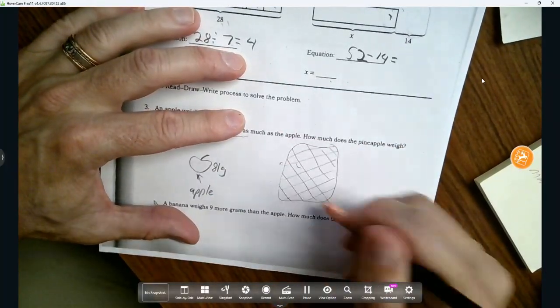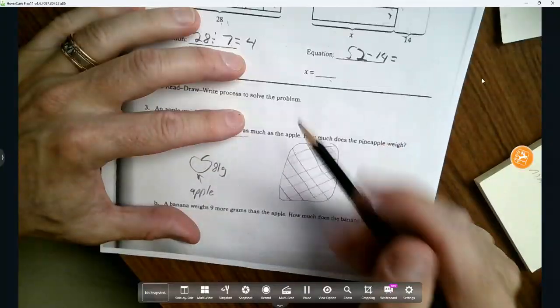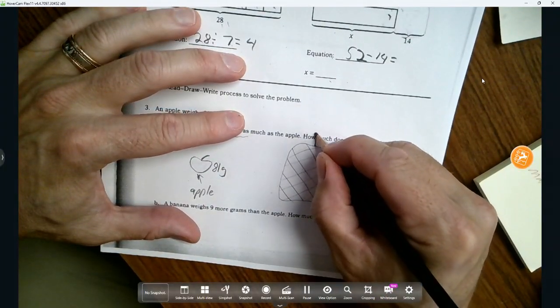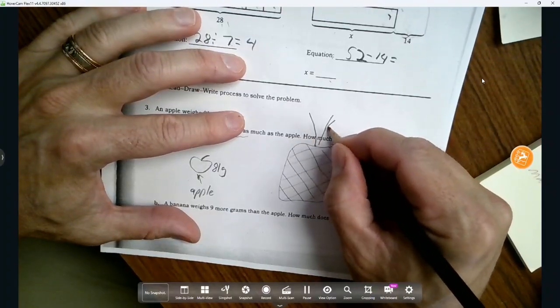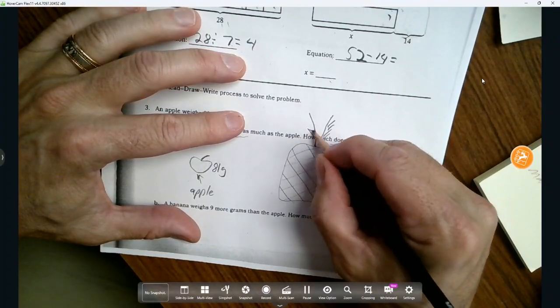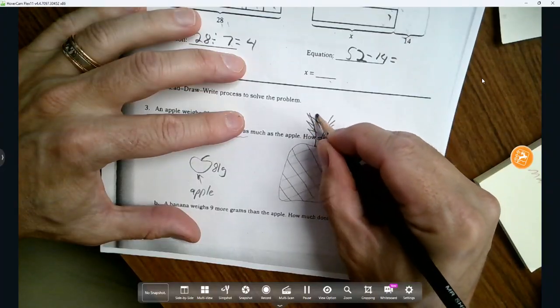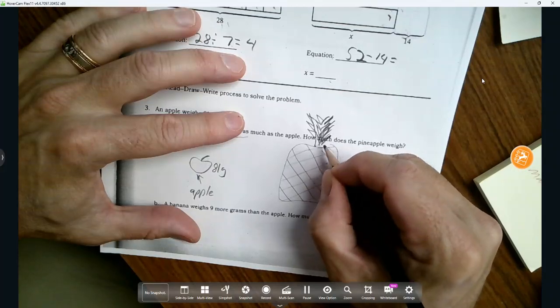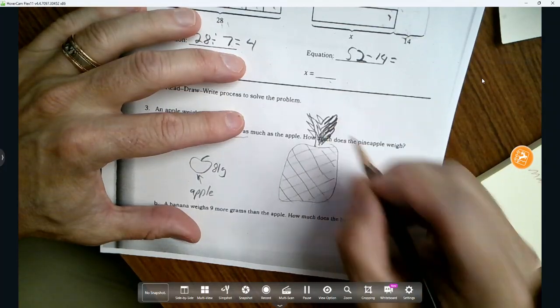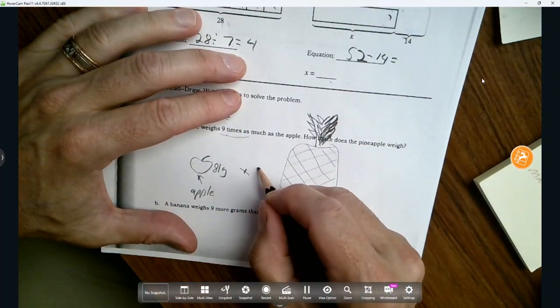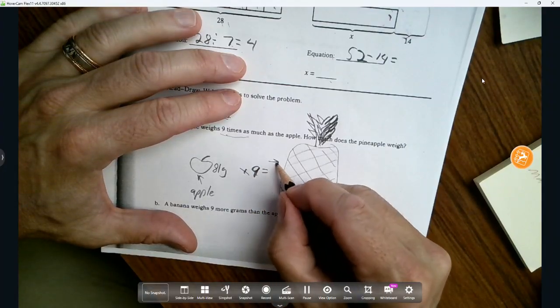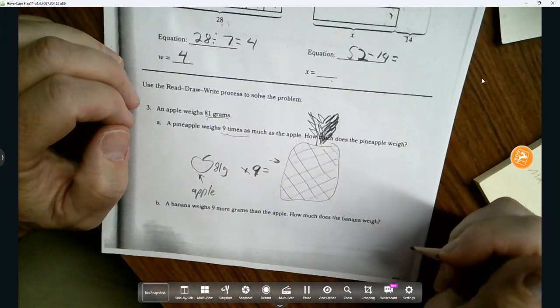And it comes out the top with all those little leaves that go back and forth. I feel like they're sharp, even though they're not. There. This times 9, because it's 9 times bigger, equals this thing. So how big is it?